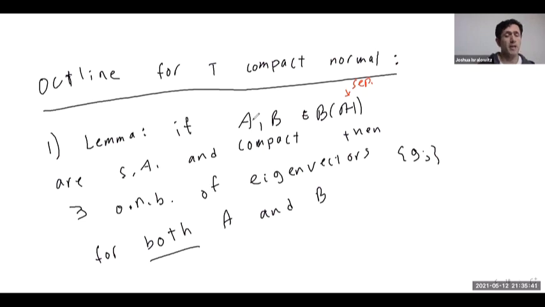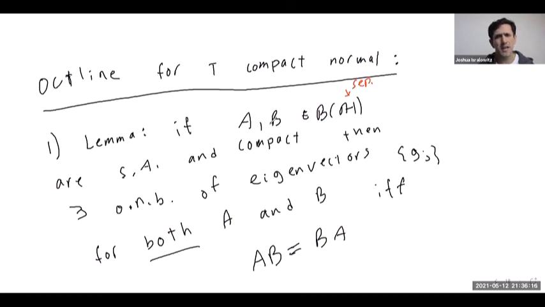B has a possibly different orthonormal basis of eigenvectors. This lemma is saying if A and B, actually, this is going to be true if and only if A and B commute. Forgot to mention that. That's kind of the whole point. Sorry about that. So you can simultaneously diagonalize A and B. Okay. A and B have simultaneous orthonormal bases of eigenvectors if and only if AB equals BA.